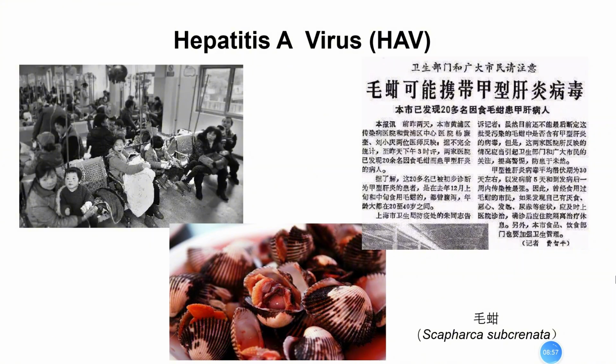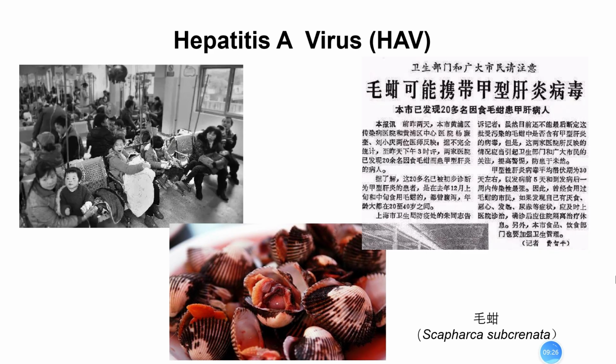This is what happened in the last century, in 1988 in Shanghai city. You know that Shanghai is one of the biggest cities in China, and there was an HAV infection outbreak in Shanghai in 1988.